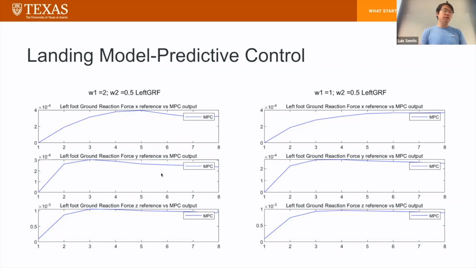But the trend makes sense because it's landing. Which one is the Z component? This one. So when you land, you should have a peak because you have the impact, right? Yeah, it should go down later. I think the time horizon of the landing is small enough that it looks more like your feet touch the ground and then you apply force.